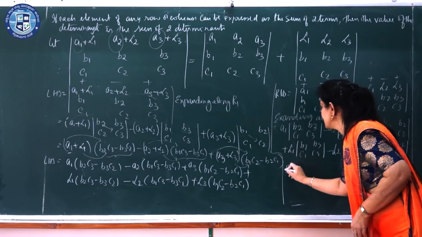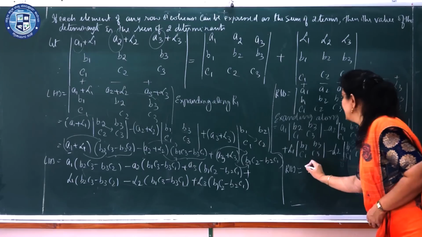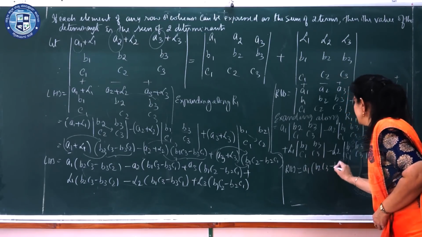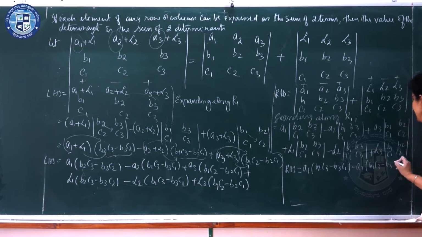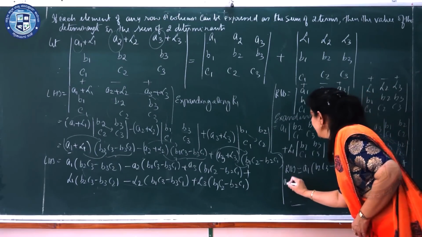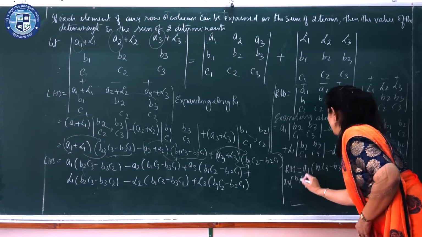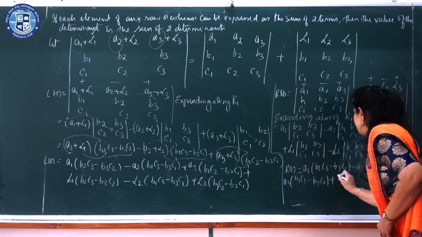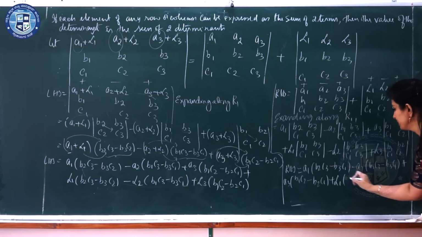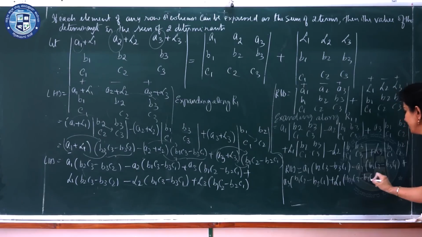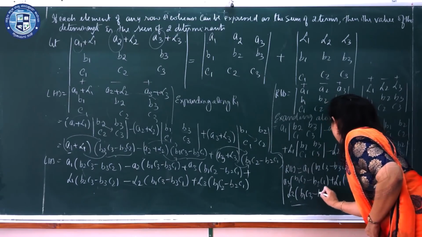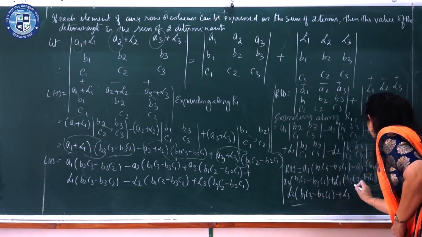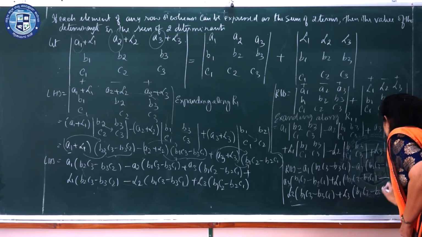RHS is equal to, look at this, A1 into B2, C3 minus B3, C1, minus A2 into B1, C3 minus B3, C1, plus A3 into B1, C2 minus B2, C1, plus alpha 1 into, the same way, cross multiply this, B2, C3 minus B3, C1, minus alpha 2 into B1, C3 minus B3, C1, plus alpha 3 into B1, C2 minus B2, C1.